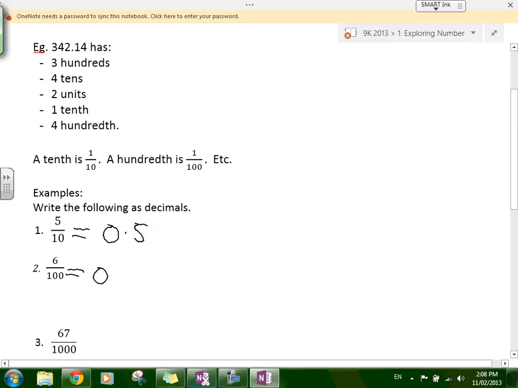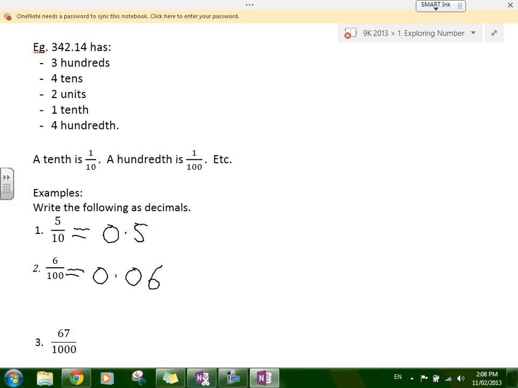So there are no units, no tenths, and it's 0.06. If you use your calculator, do 5 divided by 10 or 6 divided by 100, and that will do it for you. Or type the fraction in and press the fraction button, which converts between fractions and decimals for you.